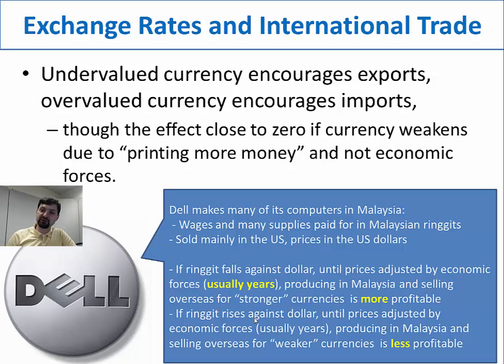Dell is able to pay people in an ever cheaper currency while selling its products for an ever more expensive currency of the European Union, of America, Canada, and so on. It's perfectly legal. There is nothing wrong with that. Just because the currency always gets cheaper and cheaper, it's better to do business there.